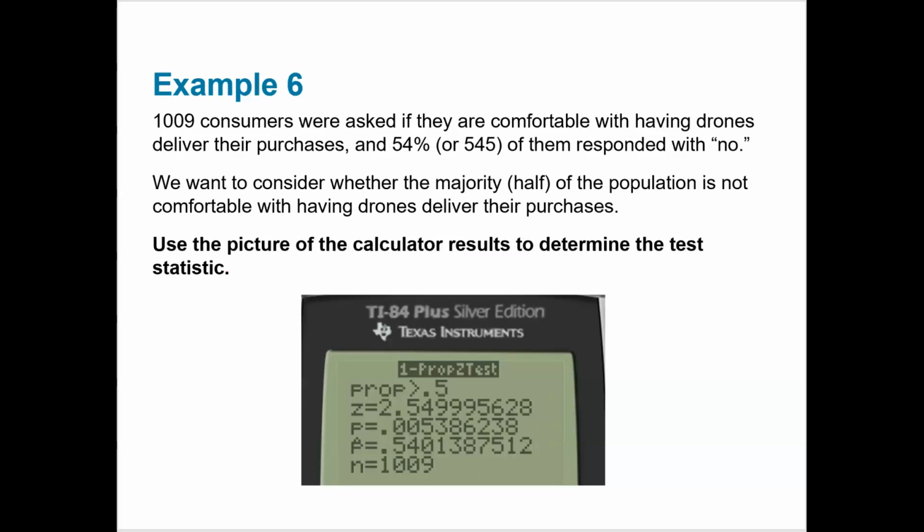So now in the next section, I'll show you how to use your calculator, but you're going to end up getting something like this when you do a proportion z-test. And so this would be a result you would get for this example. So now we need to determine what is the actual test statistic here. When we're given this, remember we said it was a z, our z test statistic is z equals about 2.55.